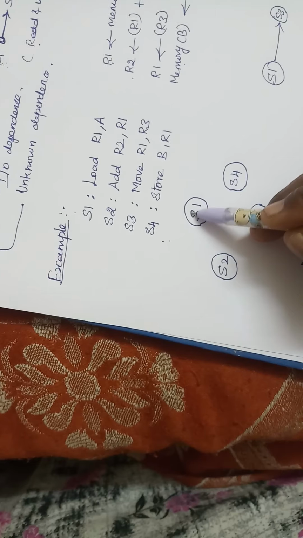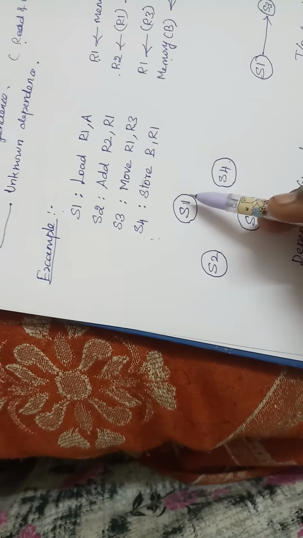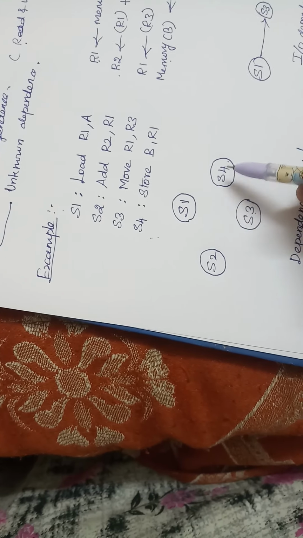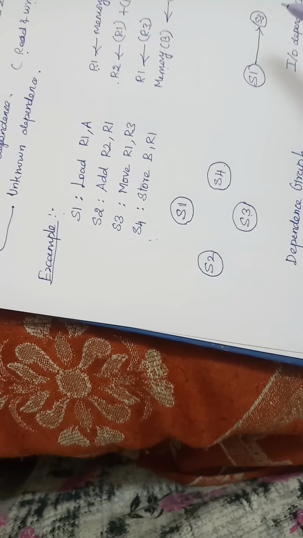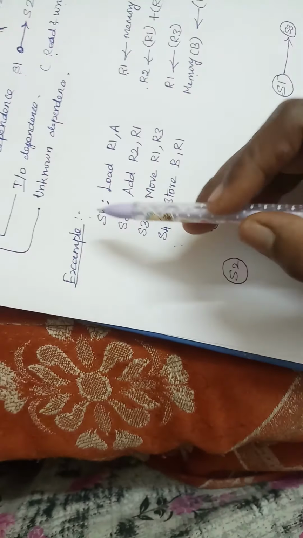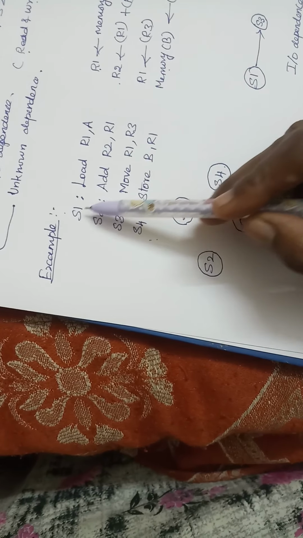First mark each statement S1, S2, S3, S4 and put a circle over each. This is the initial step. Now we move on to each statement. First S1 and S2: is there any relation or not?